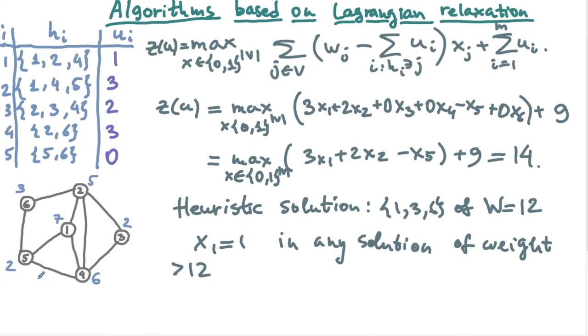Okay, so this would essentially prove that the current heuristic solution that I got is optimal, because if it was not, then any better solution would have to include the vertex 2, and it's clear that the vertex 2 cannot belong to a solution of weight higher than 7. So this way we can actually use the Lagrangian relaxation in a very nice and straightforward way to fix the values of the variables for the optimal solution and to prune our search tree just like we illustrated.